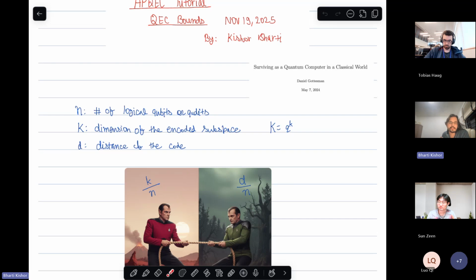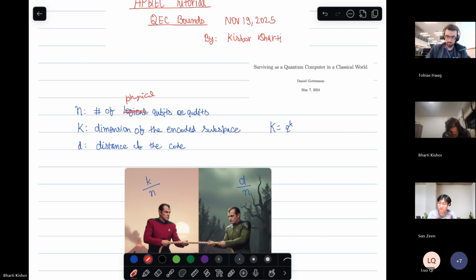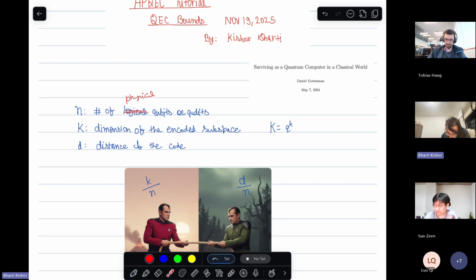So you have a code space, and if you're working with qudits of dimension q, then K will be q to the power small k, where small k is the number of logical qubits.